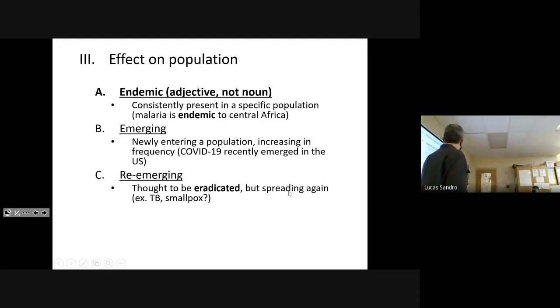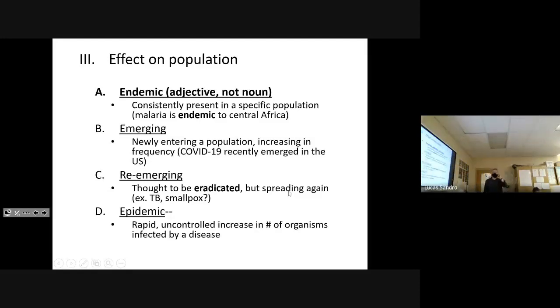Then the scary stuff, an emerging or re-emerging disease can become an epidemic. And this is defined in terms of control, basically. An epidemic is a rapid, uncontrolled increase. We're getting more new cases every week, typically, is how we define that.